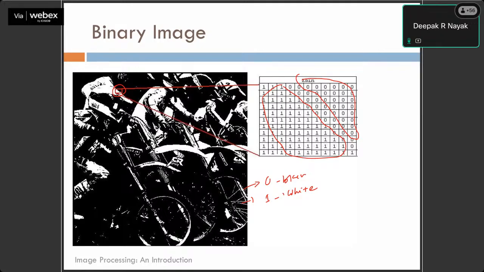A lot of information is missed and cannot be visualized using only two tones. Let me show the corresponding grayscale image and try to answer the same question: what is the brand name of this bike?